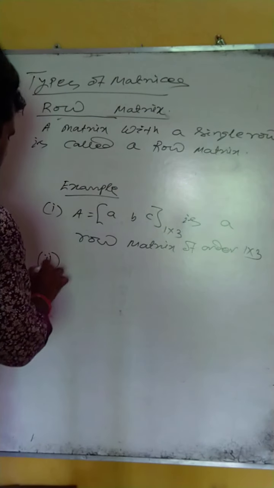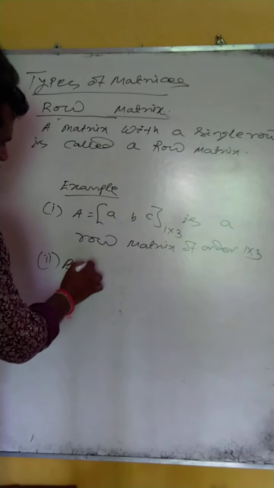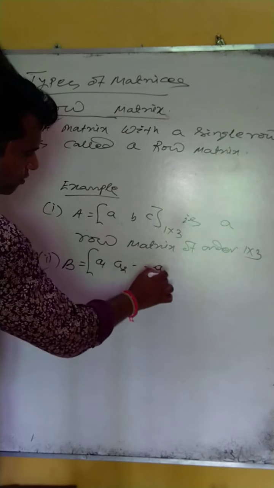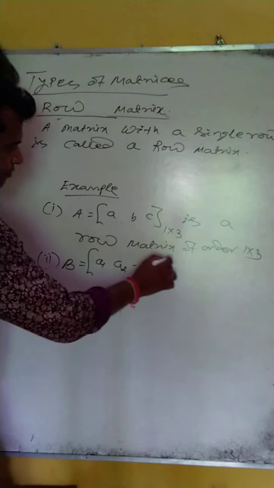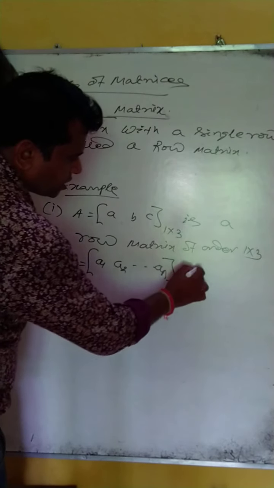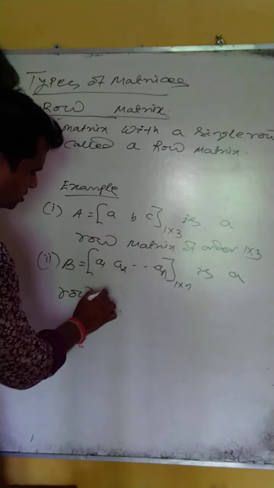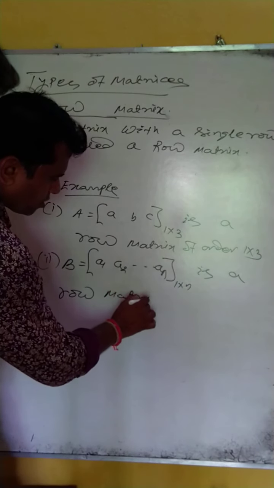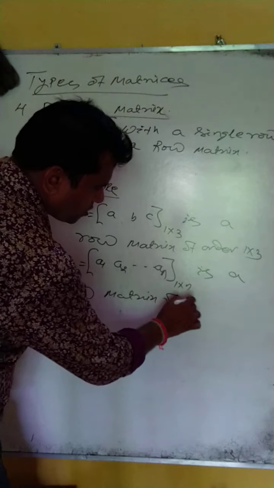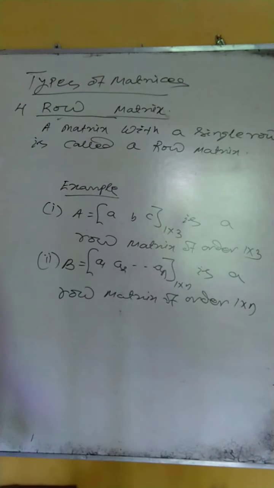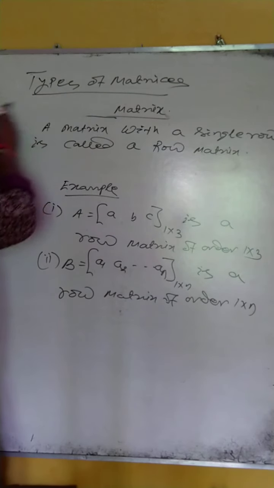Second, B is equal to a1, a2, up to an, 1 cross n, is a row matrix of order 1 cross n.